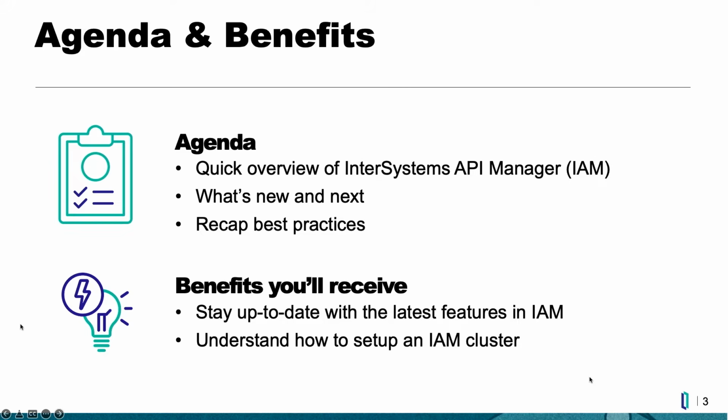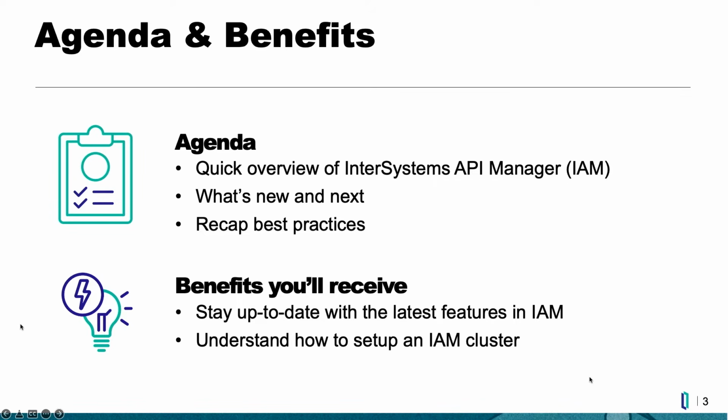So this session, we're going to cover a couple of things. First and foremost, we're going to do a quick overview of IAM, the short name of the InterSystems API Manager. So in case you haven't played around with it, you don't really know what it is, I will give you a quick tour about it. Not too much, because we actually want to spend most of the time on what's new next. In case you haven't heard yet, there's really fresh news, like today, that we released the next version, IAM 2.8.